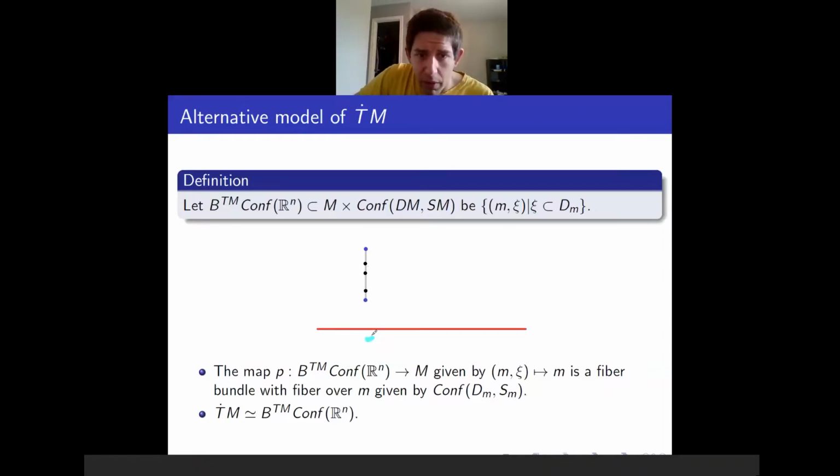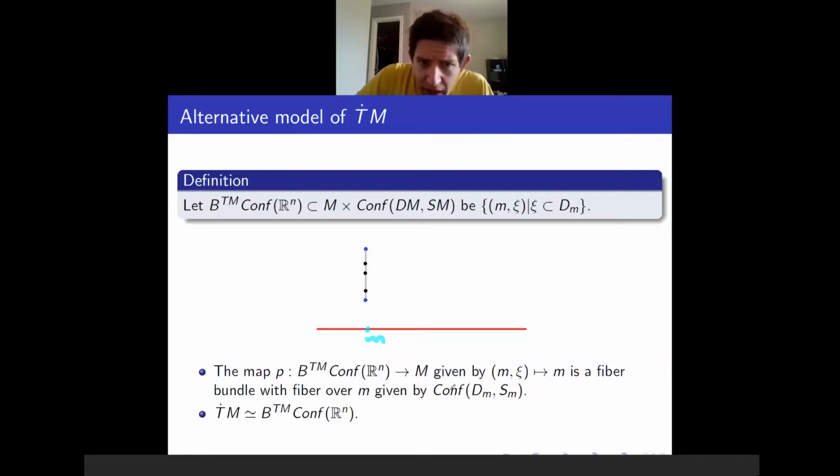So what's the data? We have this point M, and we have a configuration in the disk around M, rel the boundary. And there's a projection map which just sends a point in the configuration to M, and this is a fiber bundle, and the fiber is just this relative configuration space.